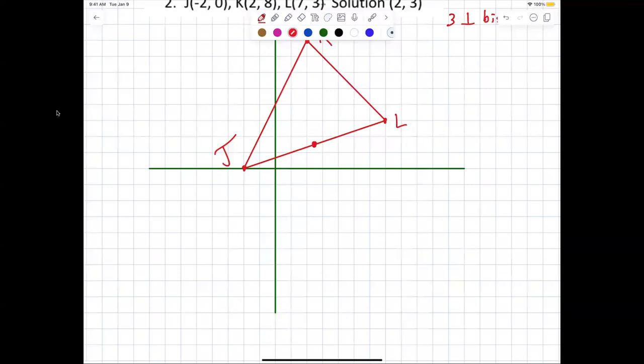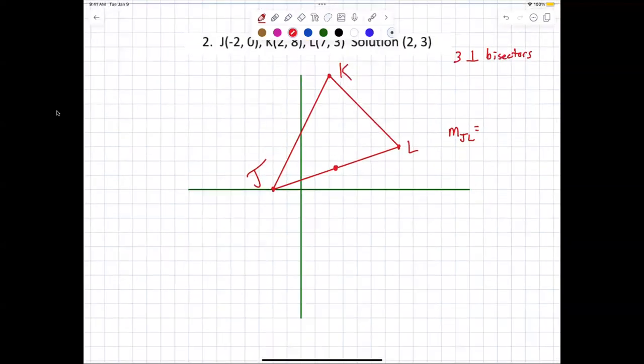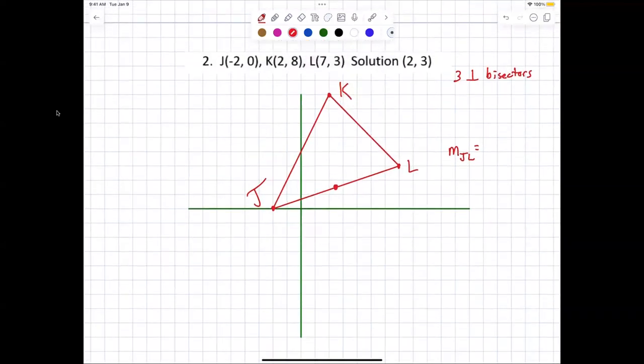So now I need the slope of JL. Someone tell me what the slope of JL is. Somebody said 1/3. The slope of JL is 1/3.